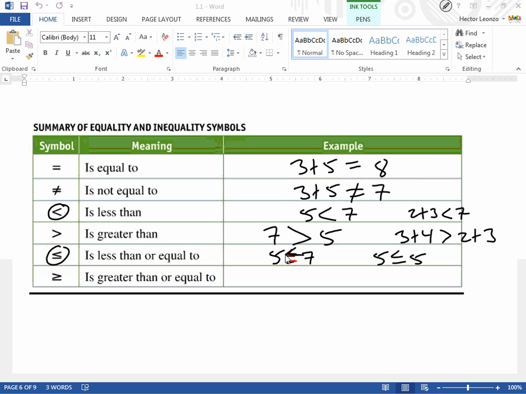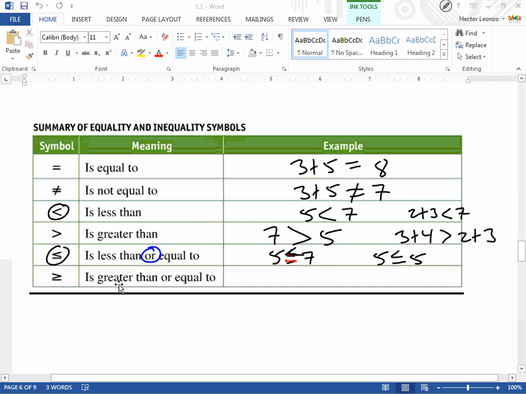What is correct is the inequality sign: 5 is less than 7. On the right, 5 is less than or equal to 5 is correct because we're looking at the equal sign. Once again, there are two symbols, an inequality sign and an equal sign. And when we say the word or, it means from the two signs that we see, one of them is correct.